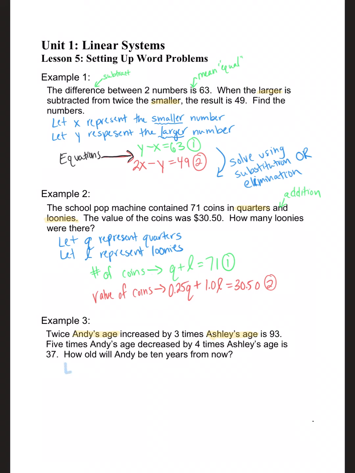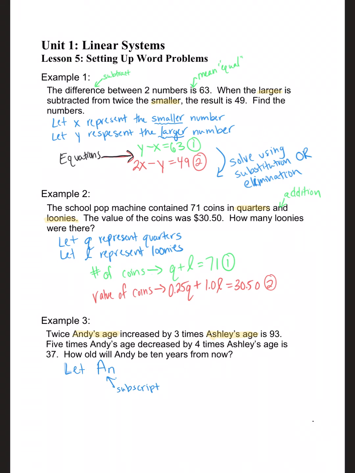So let's let, we're going to use a subscript here so you can see what that looks like. Let's let Andy's age, because both their names start with an A, we'll put the second letter of their name as a subscript. A subscript is that little letter to the bottom right of a regular size letter.